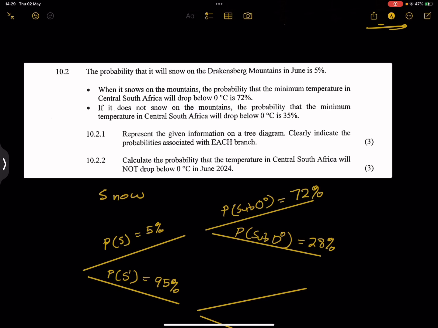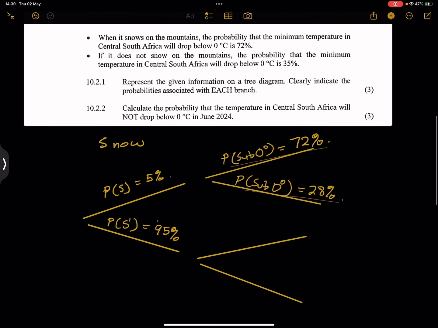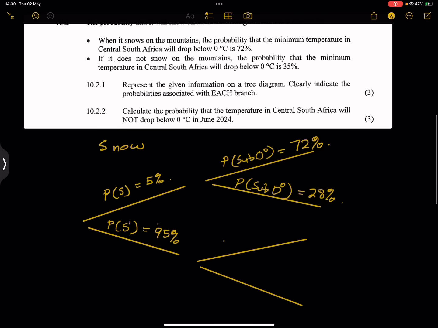Remember, we are using the complementary rule because this plus that must give us 1, as well as this plus that must give us 1. So if it does not snow, the probability that the minimum temperature will drop below 0 is 35%.